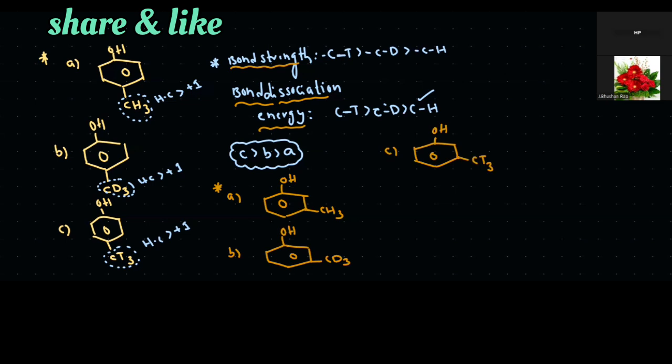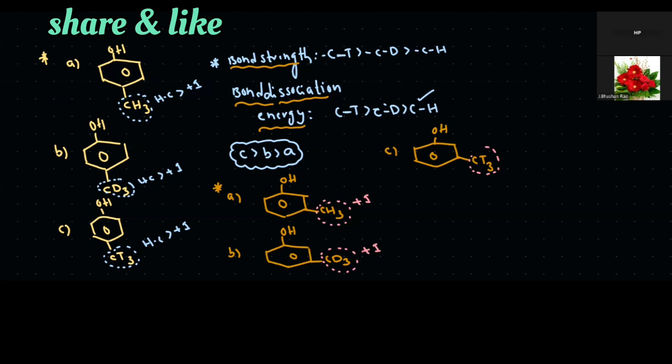Now, for this kind of cases, how to identify the acidic strength? One CH3 group present at meta means again it is a plus I group. CD3 attached to the meta position means again it is a plus I group. CT3 also attached at meta means plus I group.